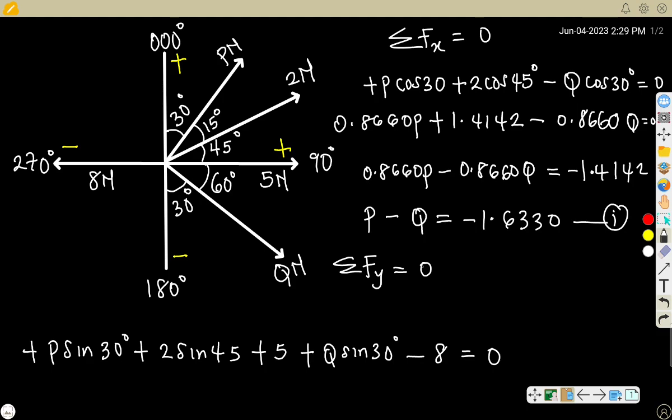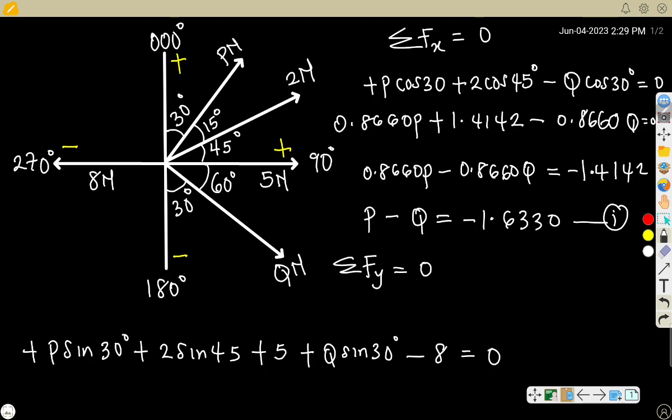So that is summation Fy equals 0. So P sine 30 plus 2 sine 45 plus 5 plus Q sine 30, then minus 8.